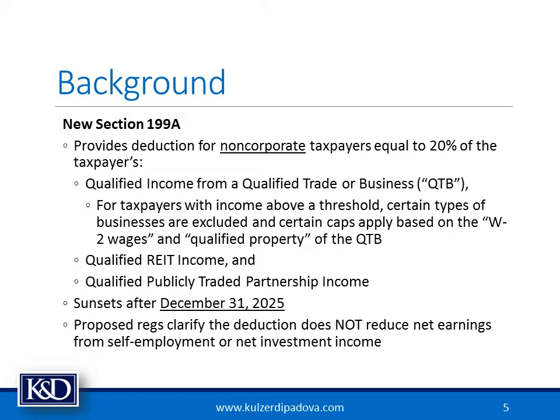We'll talk about that later. And since this is a change to the individual portion of the code, it is set to sunset on December 31st, 2025. Recently, in Tax Reform 2.0 that just got through Ways and Means, they are looking to make permanent the individual tax cuts, and the 199A deduction is part of that package.